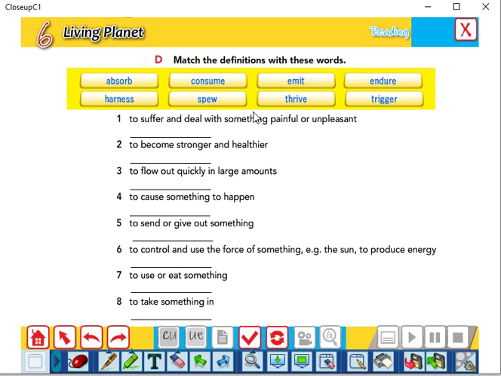Match the definitions with these words: absorb, consume, emit, endure, harness, spew, thrive, trigger. To suffer and deal with something painful or unpleasant means endure.